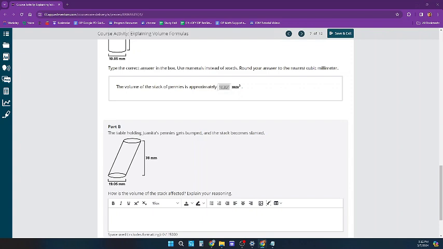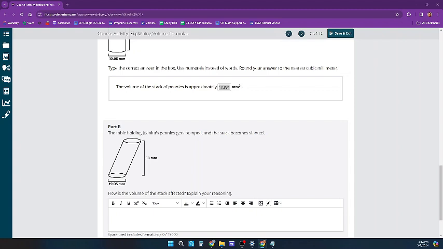To answer this question, we need to understand what volume means. Volume is the space occupied within the boundaries of a three-dimensional object. So it's the space that the cylinder takes up. How is the volume affected?